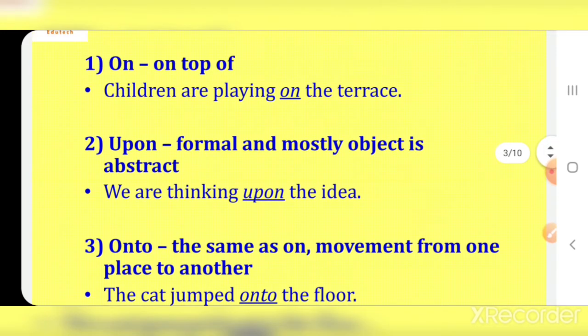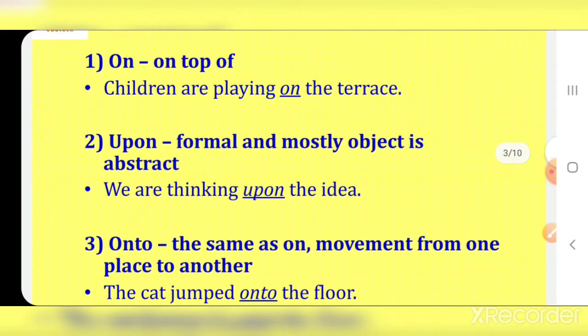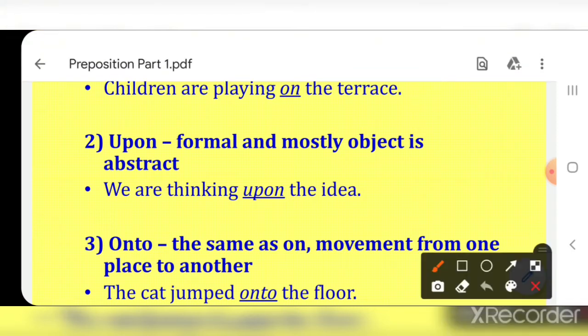Now the third one is onto. Let's see an example and then I'll explain the difference between on and onto. The example is, the cat jumped onto the floor. If I use here, the cat jumped on the floor, it means the cat jumped only on the floor.